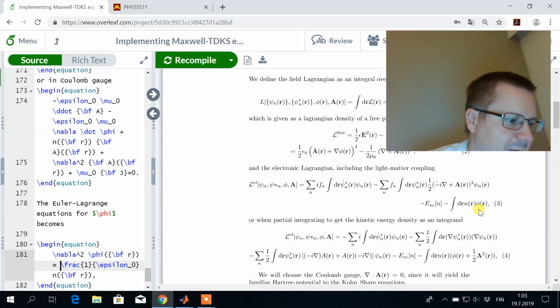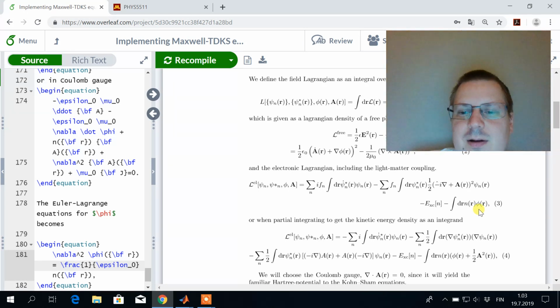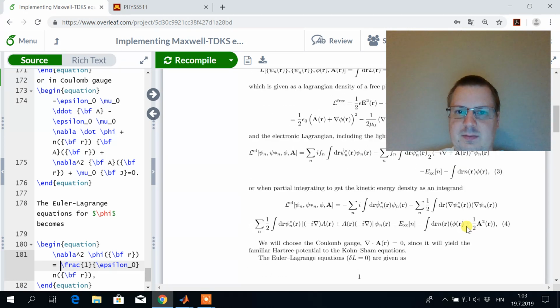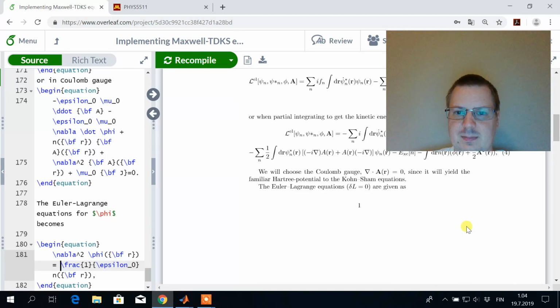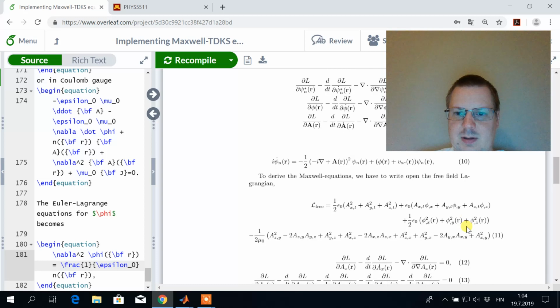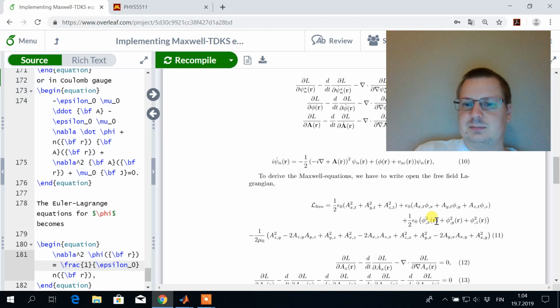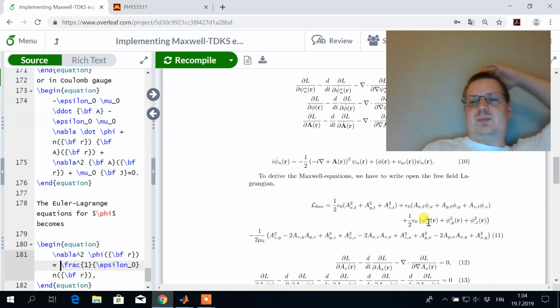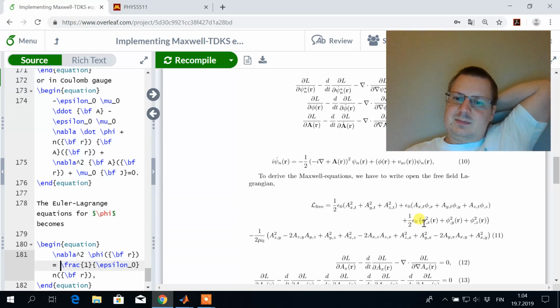So we will have minus n in the Lagrangian equation, and then from the free part we will have this one, which is in the kinetic part, meaning the electric field part, so it's plus.